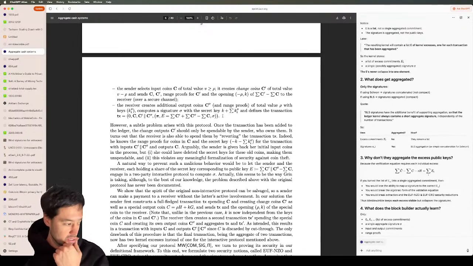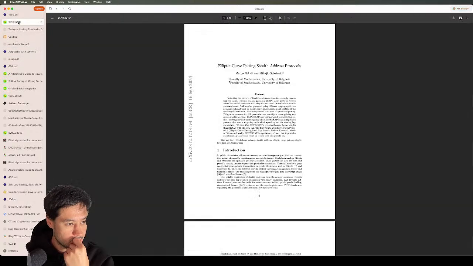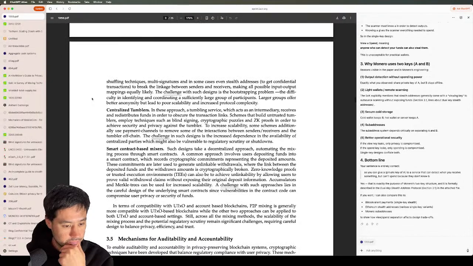I've been thinking about this attack, which is really interesting. All right, back to the paper.